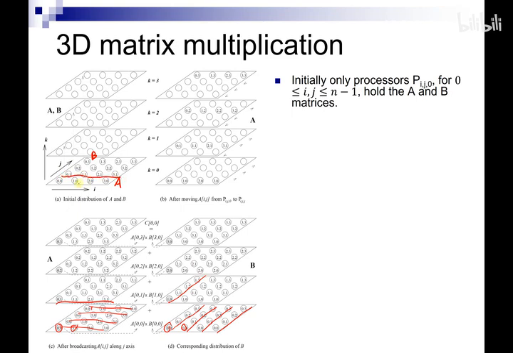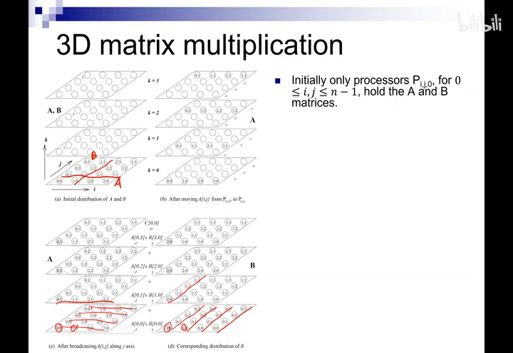Now we're going to take the second column of A and the second row of B, and you can see that these rows over here are all copies of the second row of B. Therefore, the second layer of this 3D multiplication corresponds to the second stage of SUMMA, for k equals 2. The third layer is the third stage of SUMMA, and so on. Each of these layers corresponds to just a single stage of SUMMA.